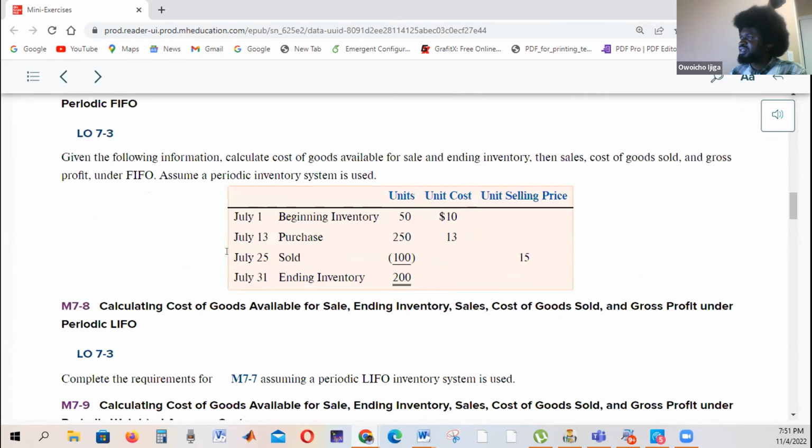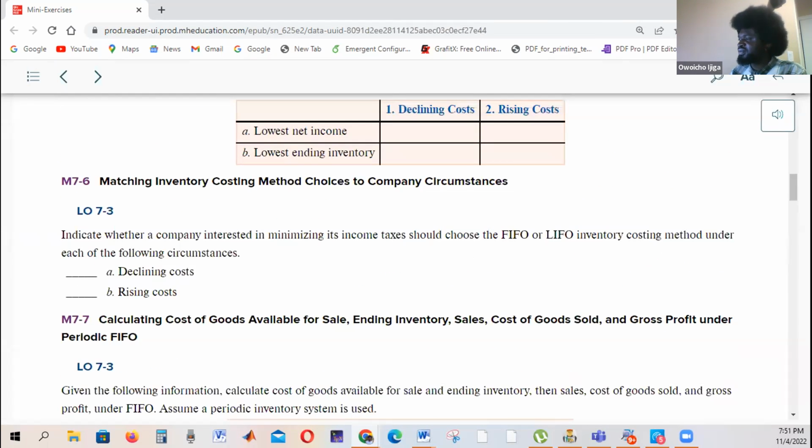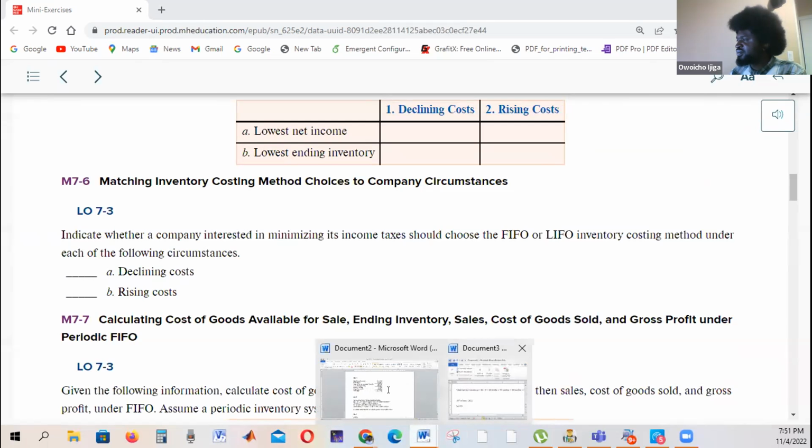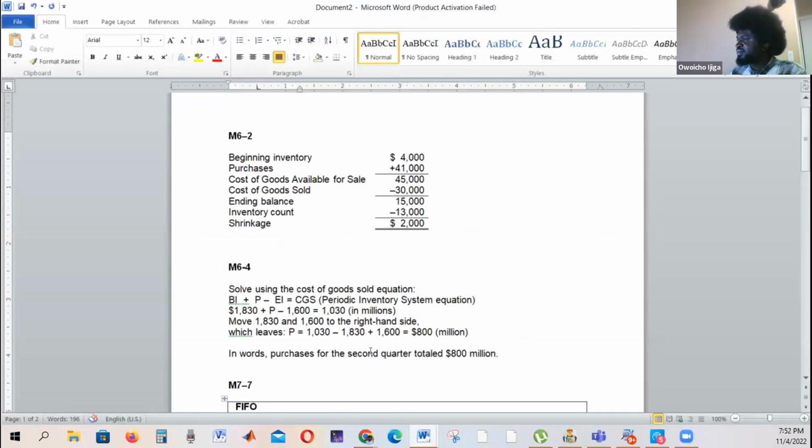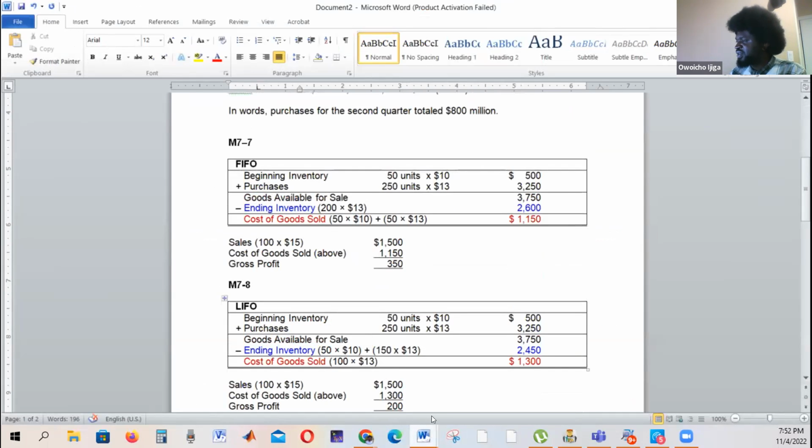7, we were supposed to deal with 7.6 and 7.7, right? Okay, 7.7 and 7.8, rather. Let me take this away. Okay, let's go to 7.7 and 7.8.